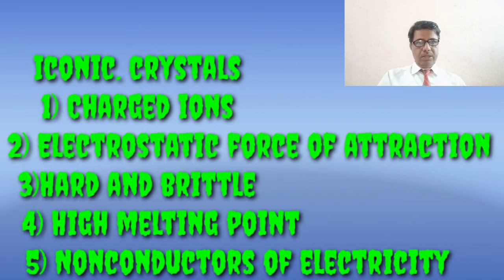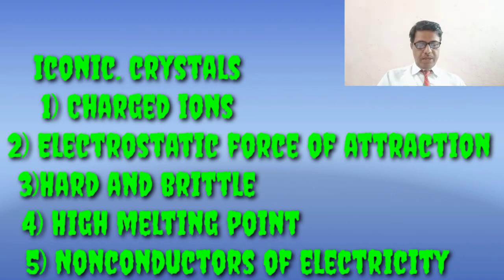If you take two cations, two positively charged ions, there is an electrostatic force of repulsion: same charges repel each other and opposite charges attract each other. So in ionic crystals, cations and anions are held together by a strong electrostatic force of attraction present between oppositely charged ions.